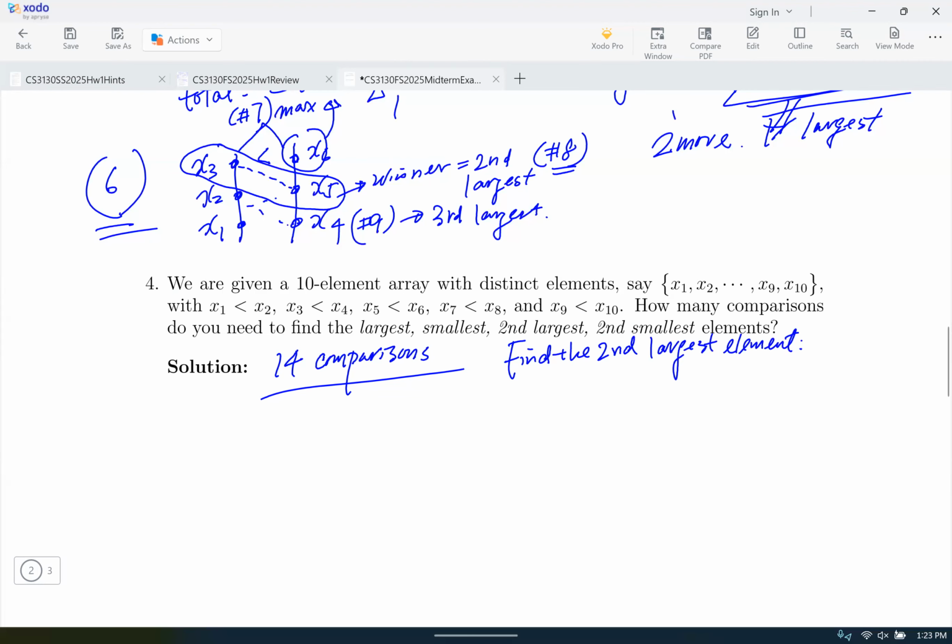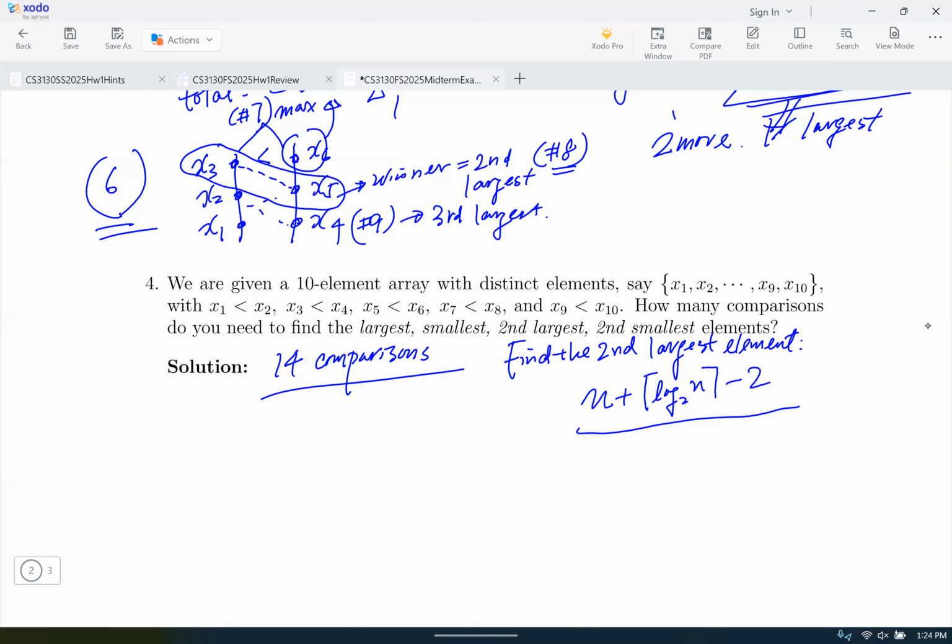So here, let me give you the formula. The number of elements n plus the ceiling of log base 2 of n, minus 2. That's the formula for finding the second largest.